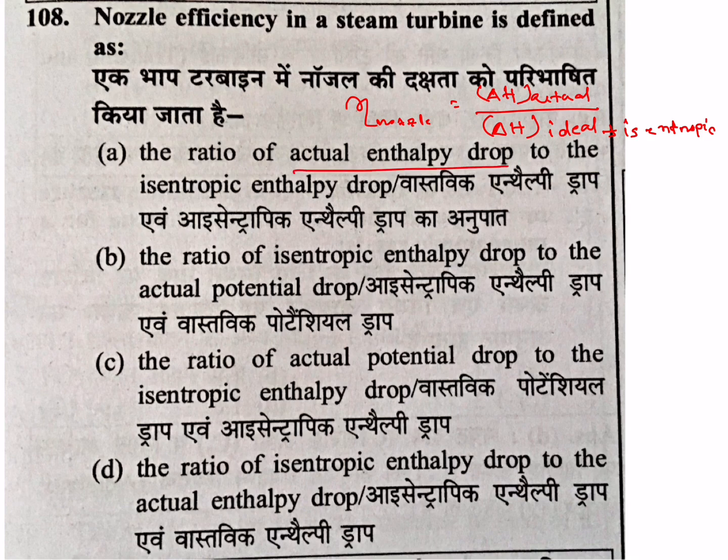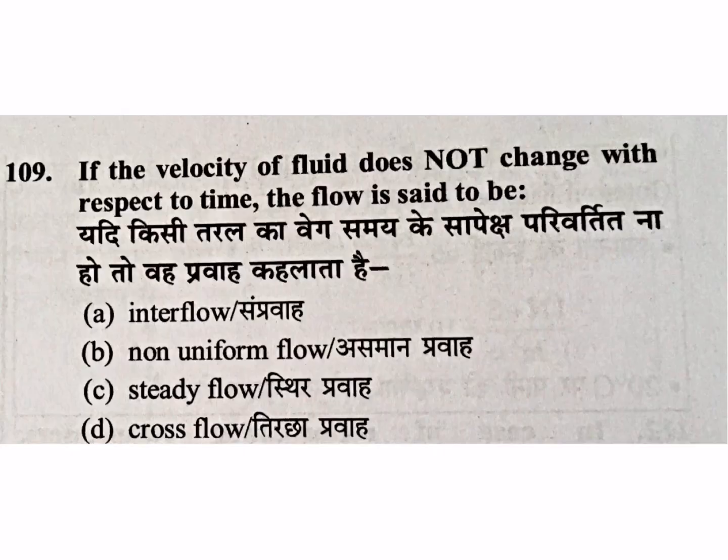From the options we will check. The ratio of actual enthalpy drop to the isentropic enthalpy drop. A is your correct answer. Then potential drop, actual potential drop, D also is not possible. A is your correct answer.